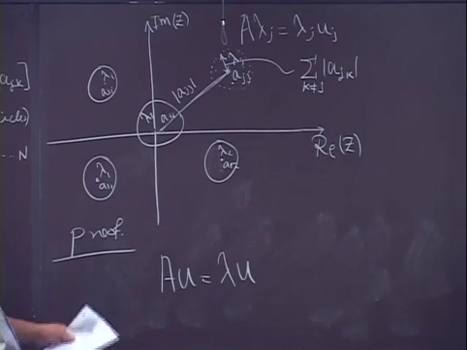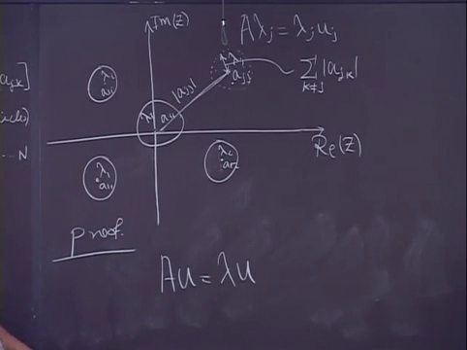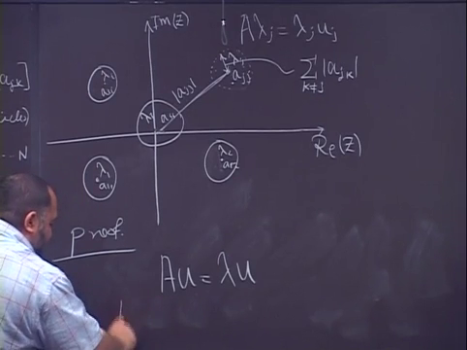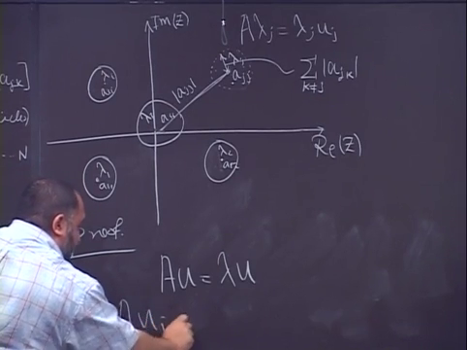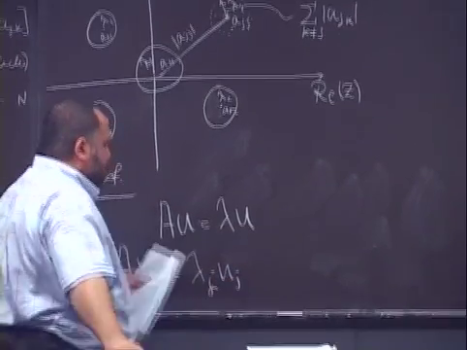And let's pick up the jth component of the eigenvalue equation. So this will give me A Uj equal to lambda j Uj.